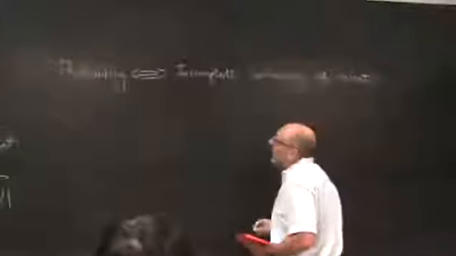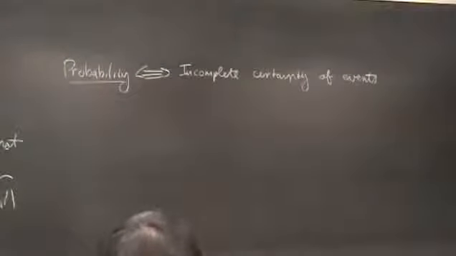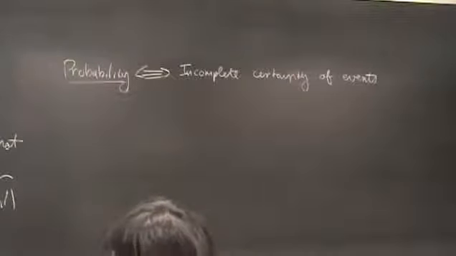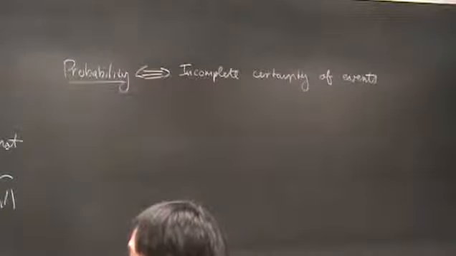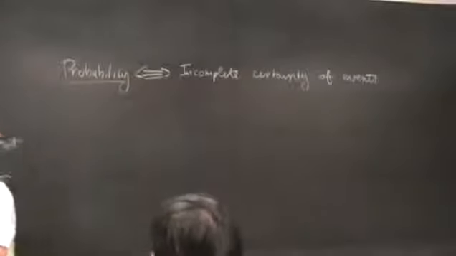Now, I won't get into this too deeply, but again, the notion of probability is a tough one. Is probability a subjective notion? Or is probability an objective notion? There's kind of two schools of thought about that. There's what are called the Bayesians and the frequentists.